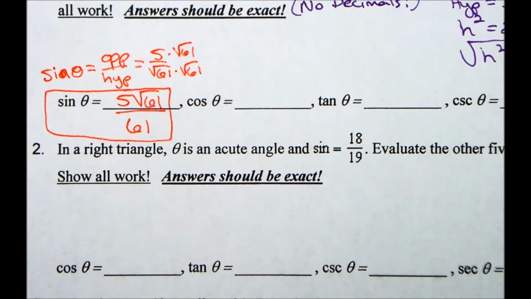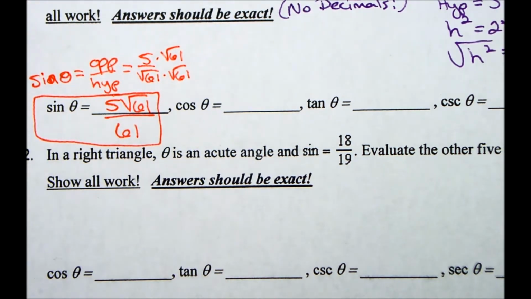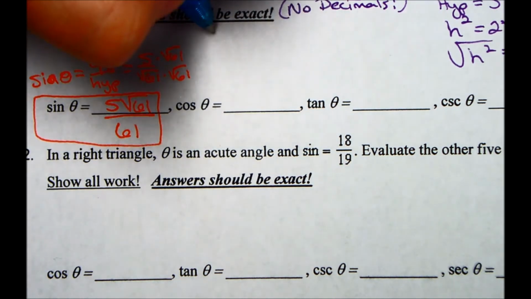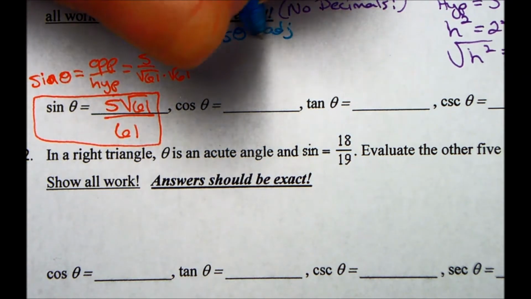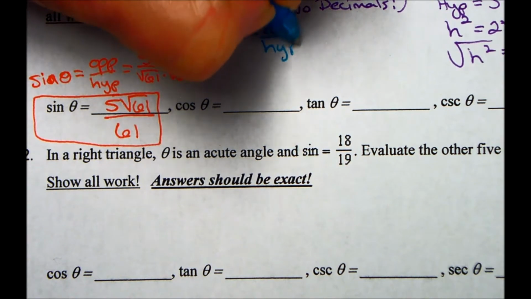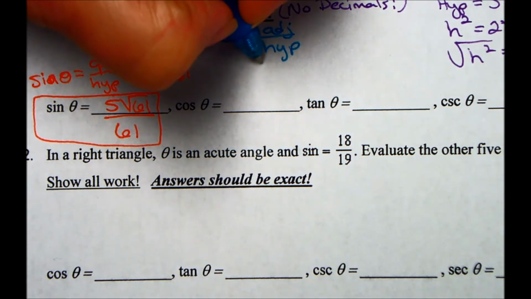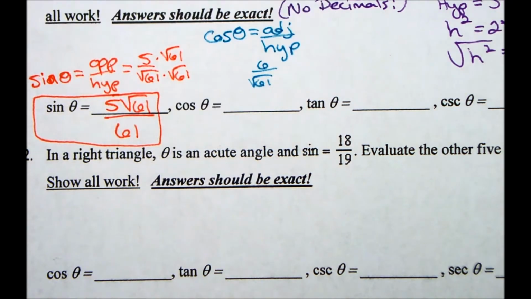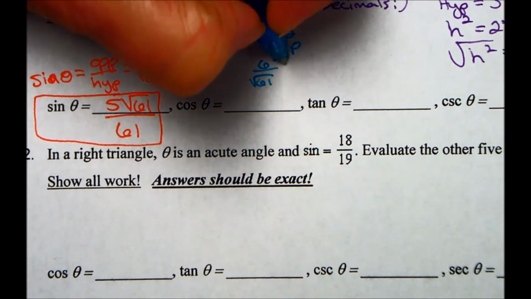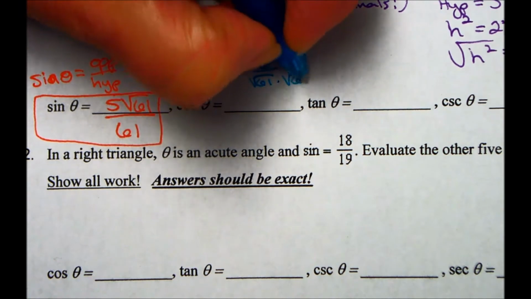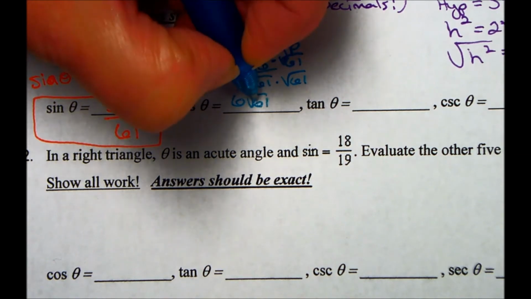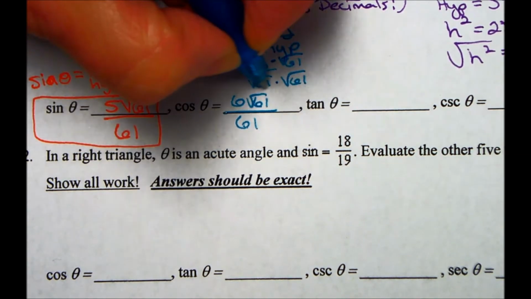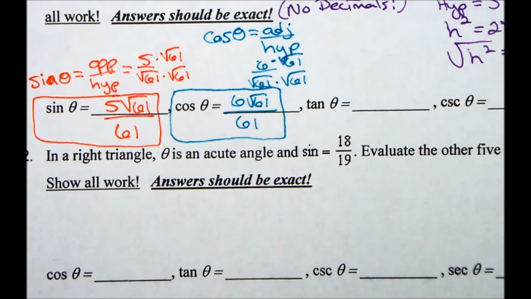So that is our ratio for sine. Cosine theta equals the adjacent over the hypotenuse. Our adjacent is 6, hypotenuse again square root of 61. When I rationalize the denominator, again I'm going to multiply by the square root of 61 over the square root of 61. So the 6 times the square root of 61 will be my numerator, and then 61 will be my denominator. So there's my cosine theta.